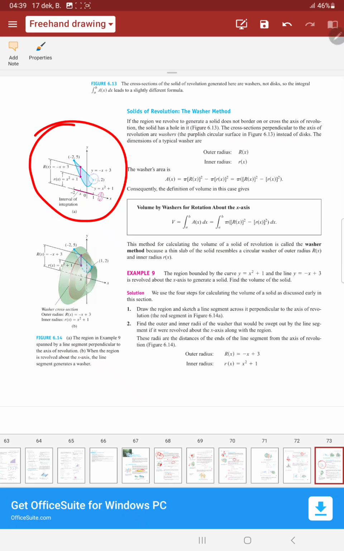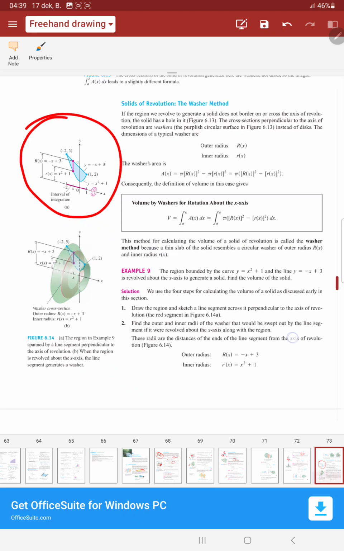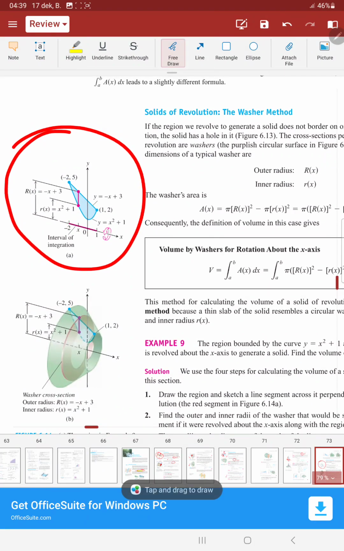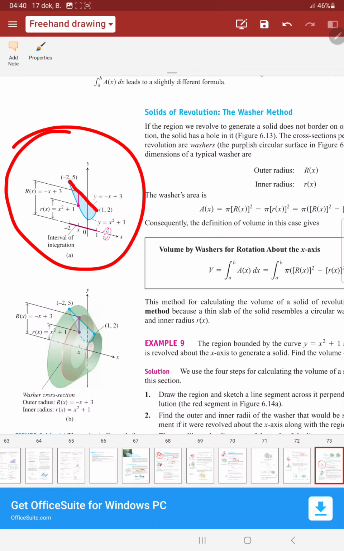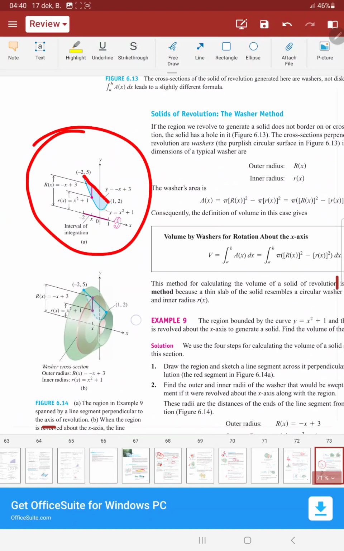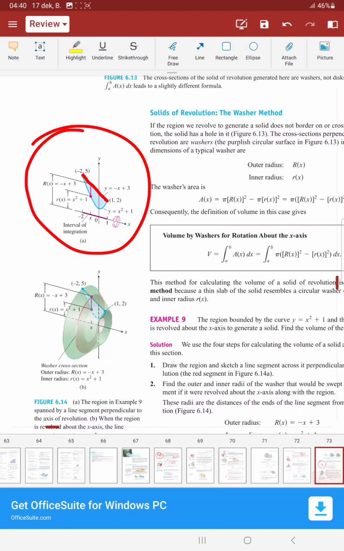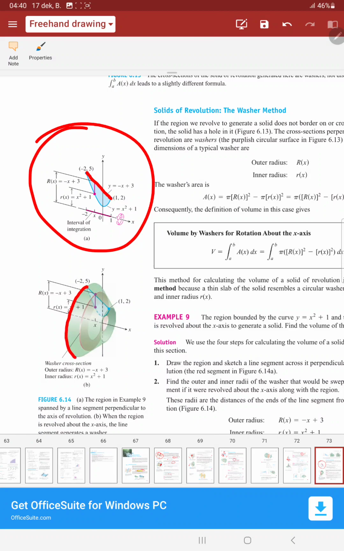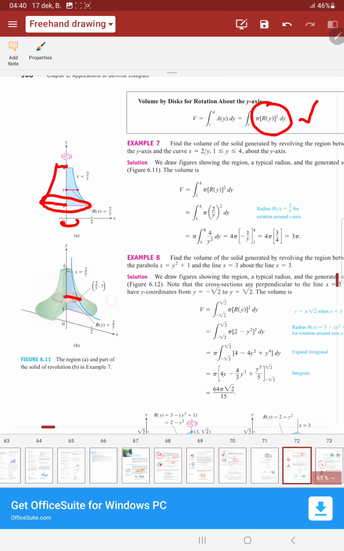You should imagine that when you rotate this by the x-axis, you will get this big circle. But when you rotate this one, you will get a small radius. How can you know that?